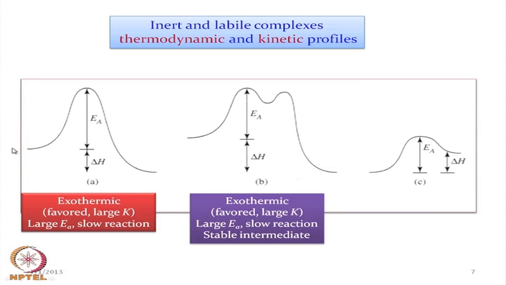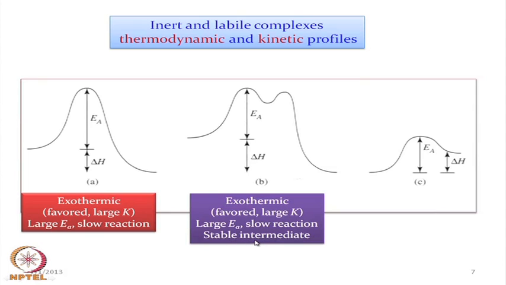In the second case, this is also exothermic, favored by large K, large EA, slow reaction, but it has some stable intermediate. The difference between A and B is that here we do not have some depression and no stable intermediate, but in this particular case we have a stable intermediate. So, though everything is the same, we can consider that the nature of the reaction is different.